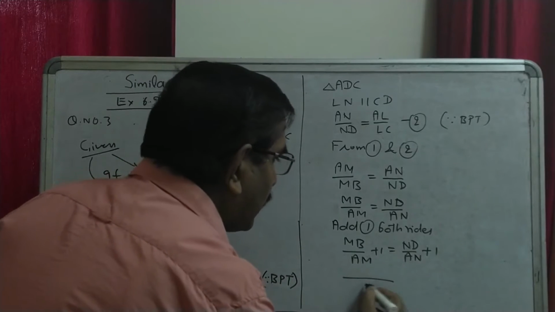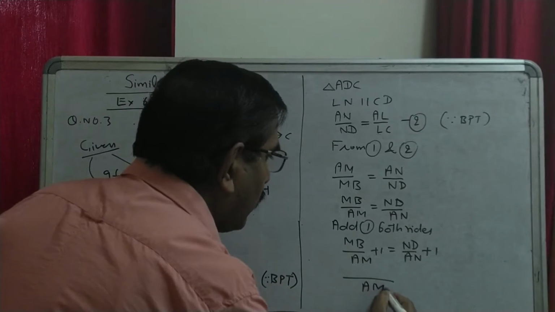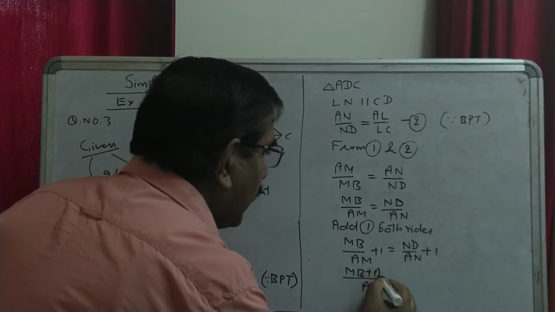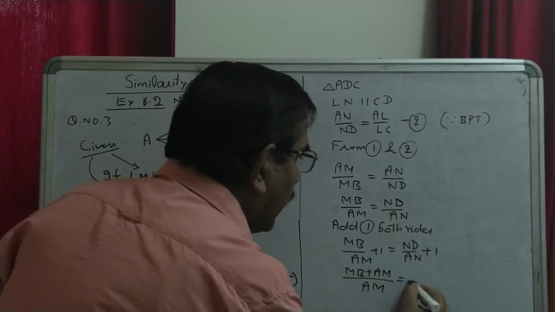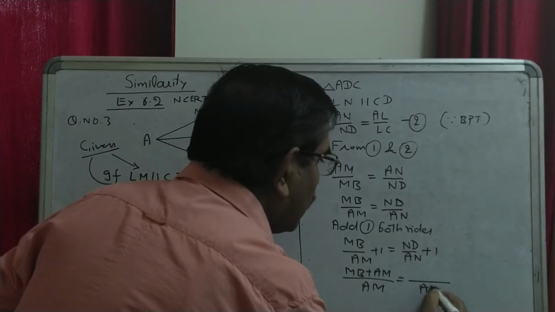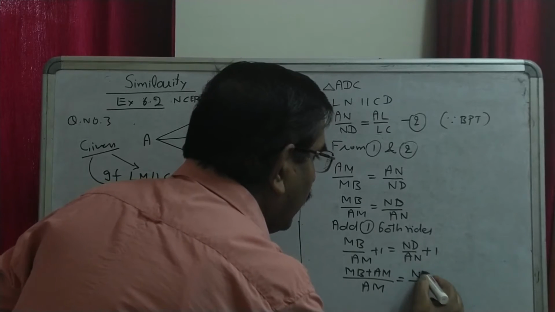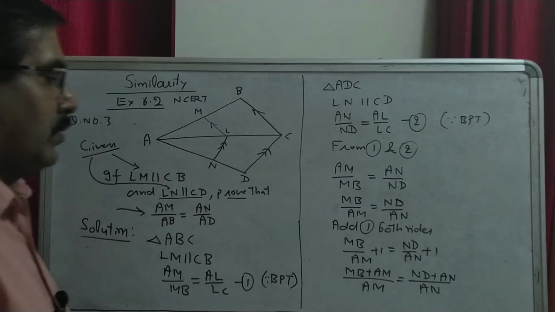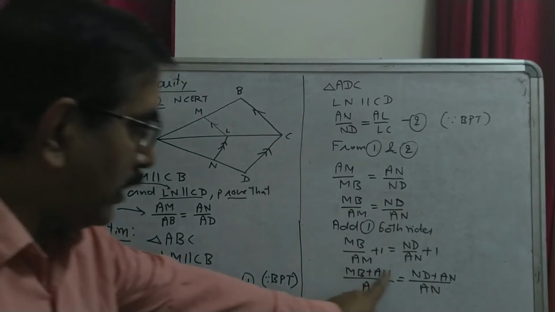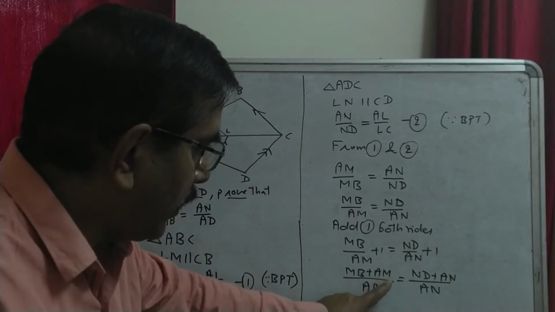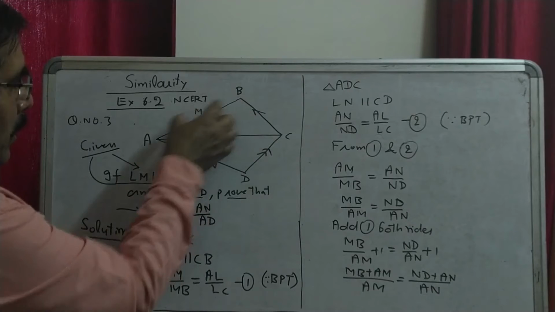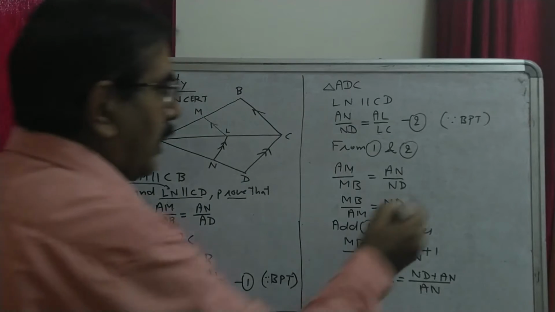If you simplify it further, children, you get AM here, MB plus AM, and here if you take AN, you get ND plus AN. Now children, for this result I have taken the LCM. Now you just carefully watch here. MB plus AM is nothing but AB.